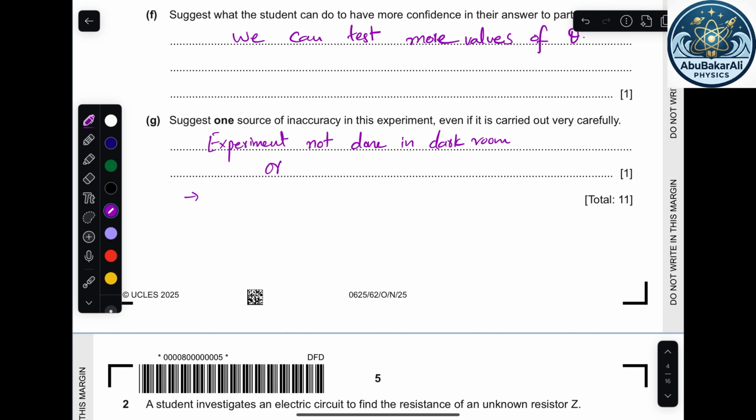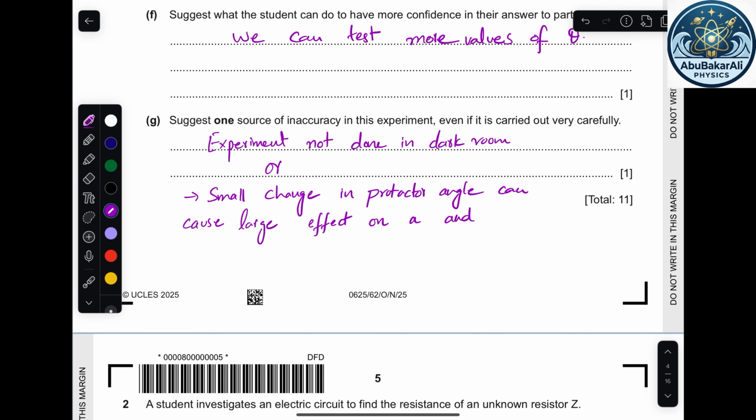So what we can say is that a small change in protractor angle can cause a large effect on A and B. Okay.